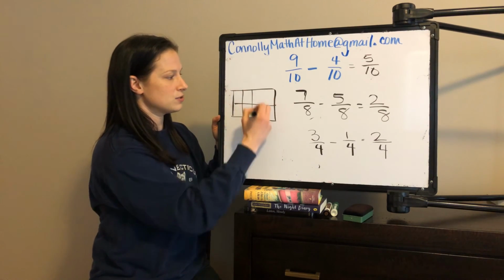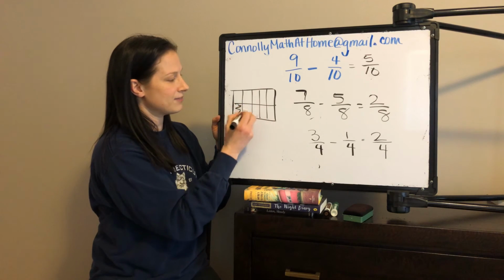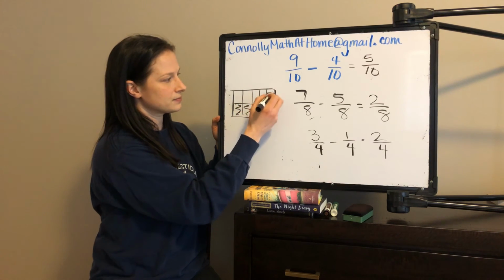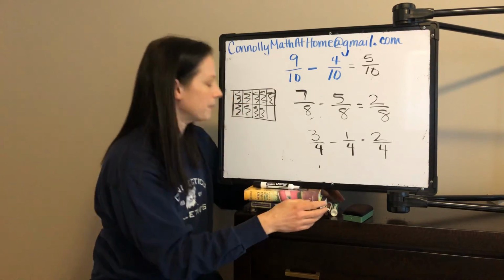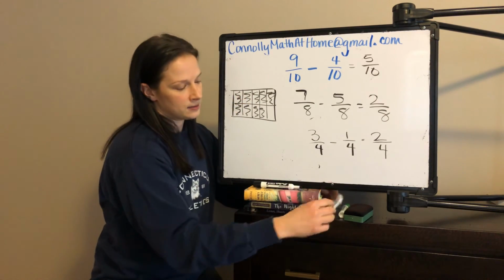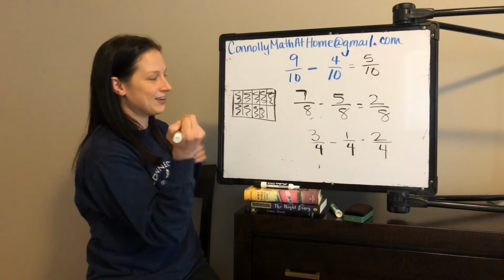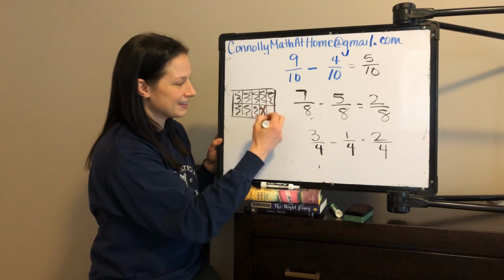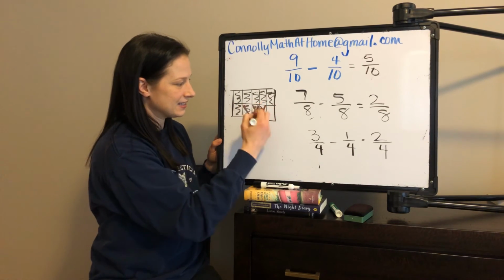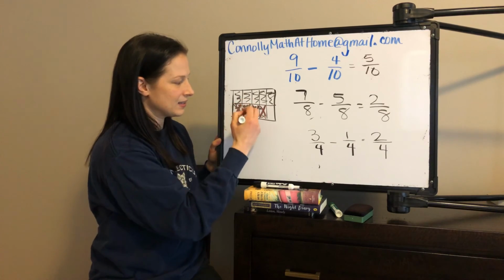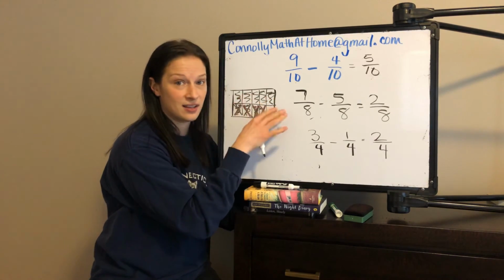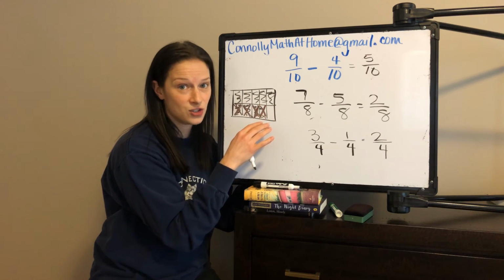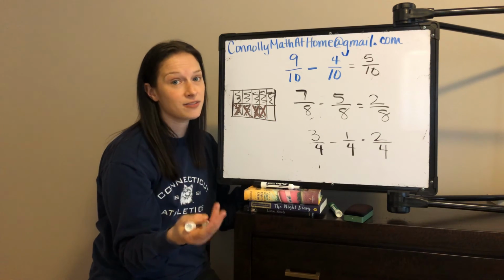So when I do this, and I have 9/10, I was trying to avoid mixing the black marker with another one, but that's life. Okay, so I'm going to cross off 4 of these. What I want you to notice is that I'm still dealing with tenths. My denominator does not change when we're adding or subtracting fractions.